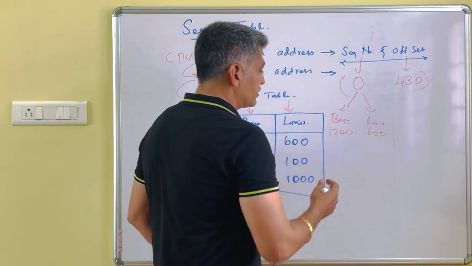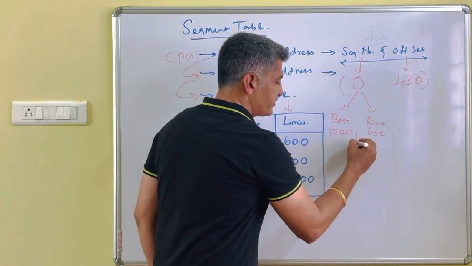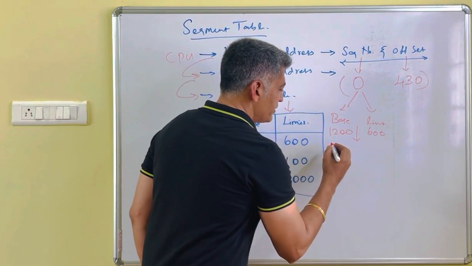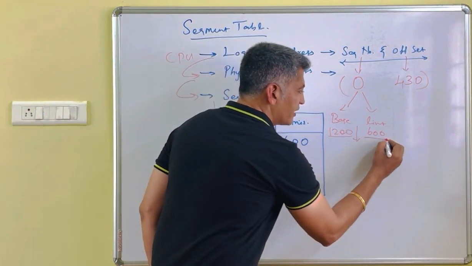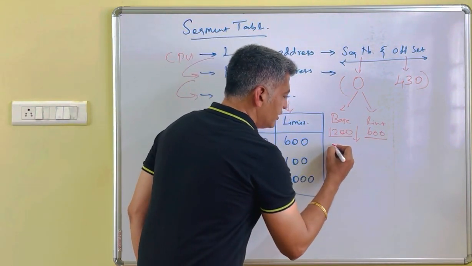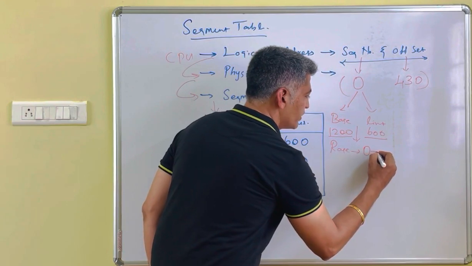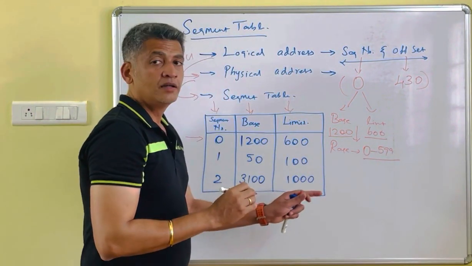Now the offset for segment number 0 starts from the base address 1200, but since the limit is 600, the offset range may be from 0 to 599.